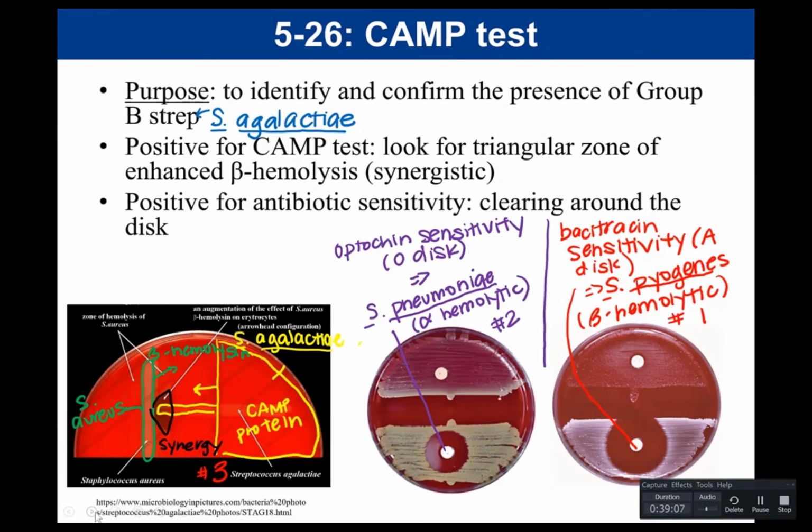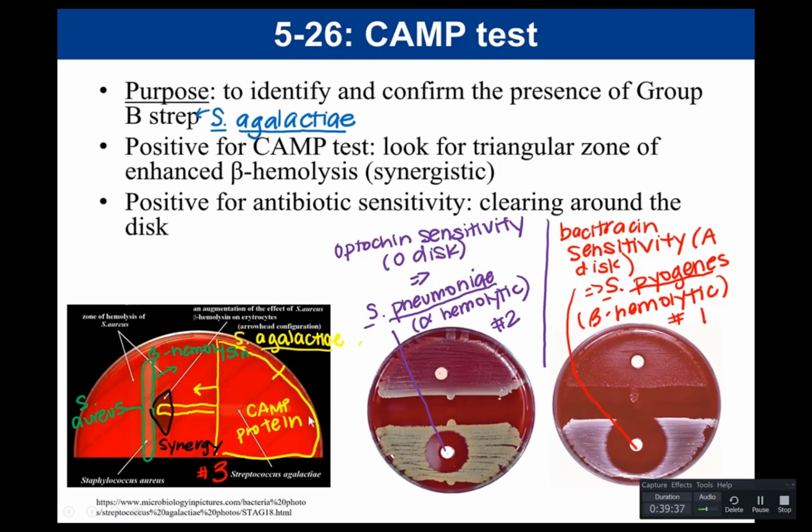So this slide, I was just kind of showing you how we identify which bacteria is which. In our CAMP test, the purpose is to identify and confirm the presence of group B strep, which is Strep agalactiae. What you're looking for in the CAMP test, remember, is that you streak your Staph aureus. Staph aureus is also beta hemolytic.